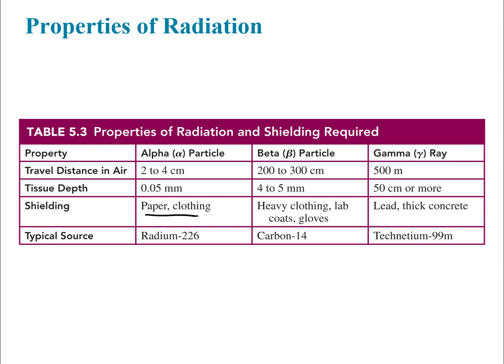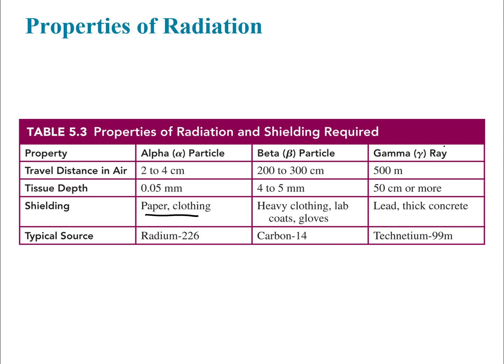Doesn't travel very far through tissue, doesn't travel very far through air. Beta particles, heavy clothing. So if you're wearing a lab coat, or if it's maybe colder in your room or wherever you are and you're wearing a jacket, you'd be okay. It travels much further in air than the alpha particles. A little bit further in terms of tissue depth, but it's not really getting in very far, not going to do as much damage.